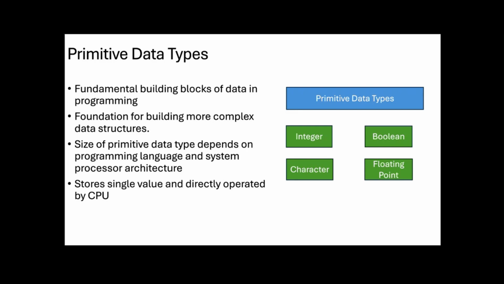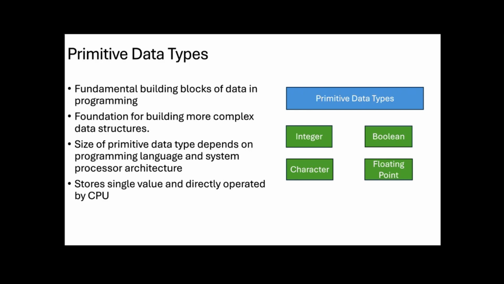The size of the primitive data types is almost fixed, but it can change depending on the programming language. Like integer is 4 bytes, but in a programming language like Python, a variable is treated as dynamic, so it can expand.